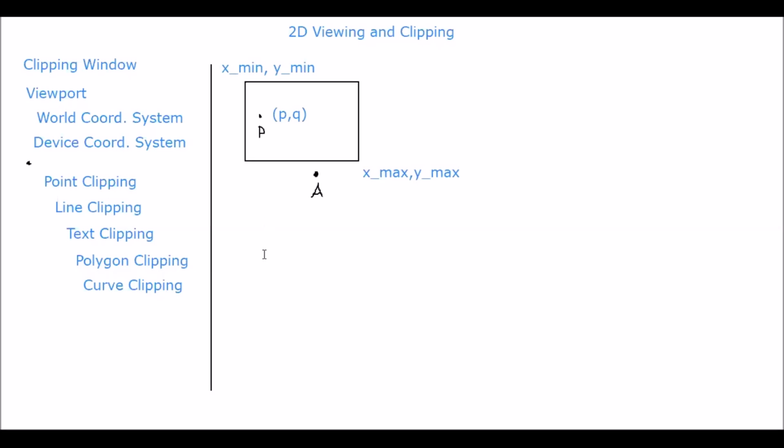By looking at this graphic, we can say this point P is an interior point and A is an exterior point. If we apply this clip window, P will be available and A will not. But for the computer, we require an equation.